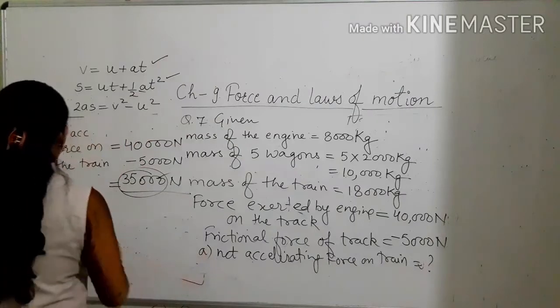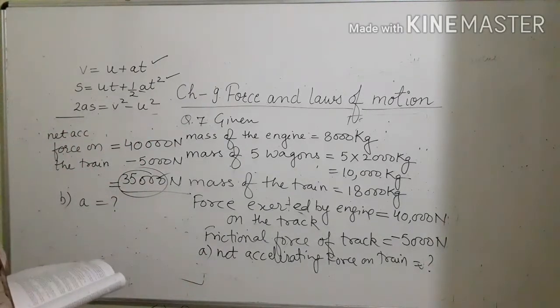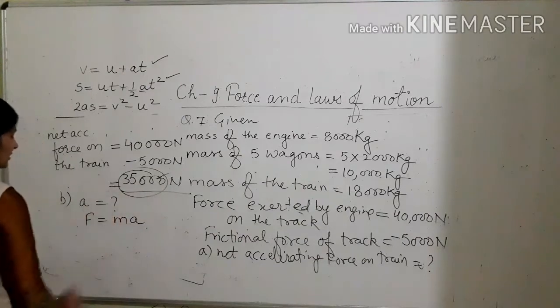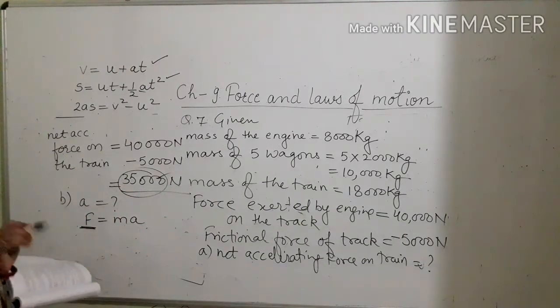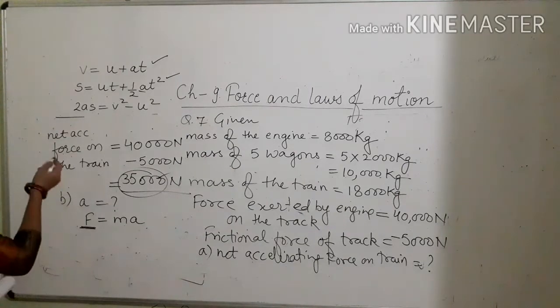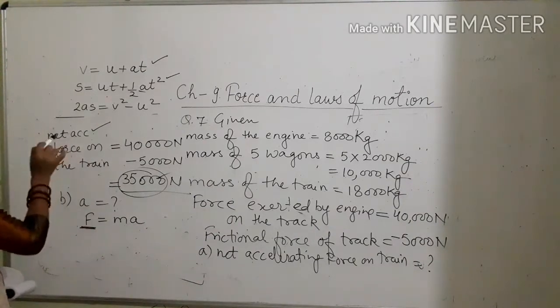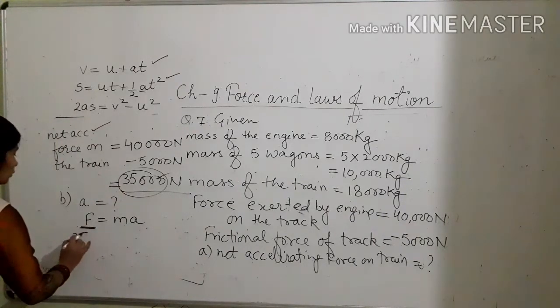Now we have to find B part, acceleration of the train. Now what will be the acceleration of the train? We all know that force is equal to mass into acceleration. Here what is the force acting on the train? That I have calculated already. The net or resultant accelerating force on the train is 35,000 Newton.